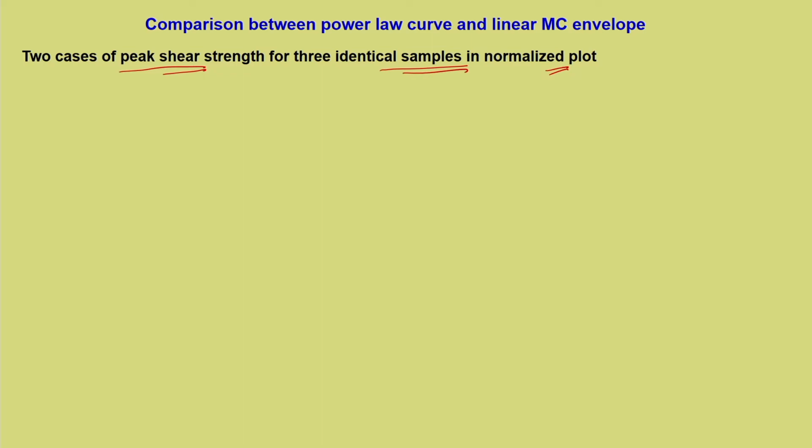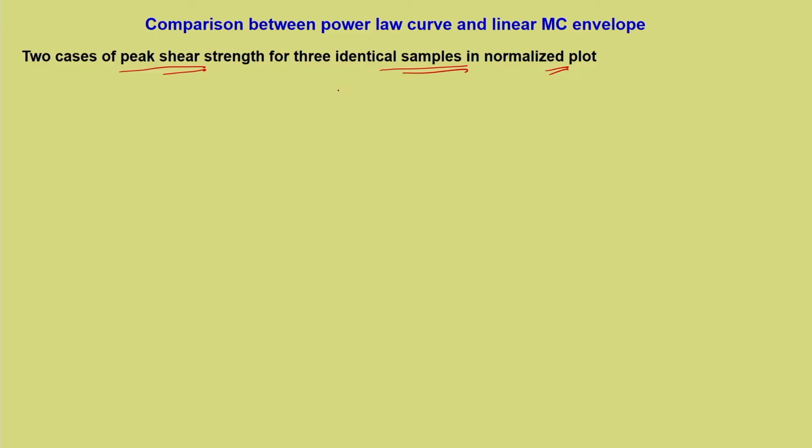Now, the other aspect, which is the role of confining stress, is what we are going to see in this particular slide. For that, we are considering 3 identical samples, the way we use them for shear strength determination, and we are representing them in a normalized plot, and there are 2 cases which we need to consider.